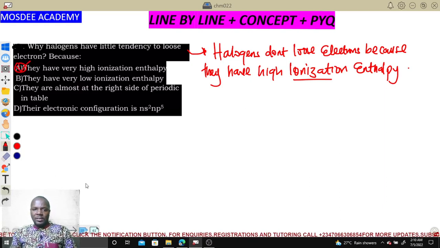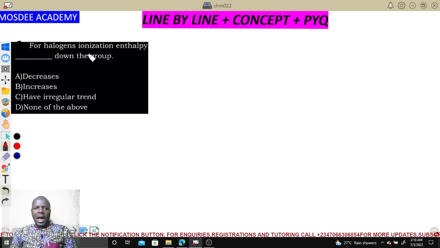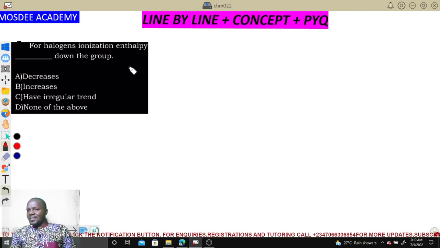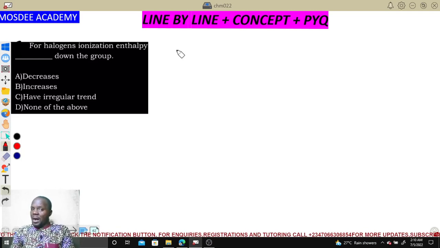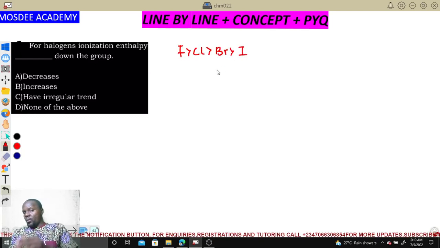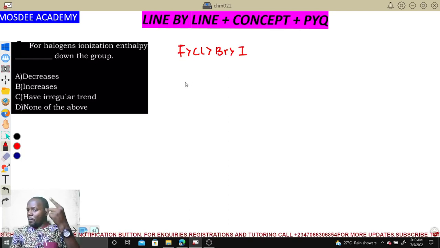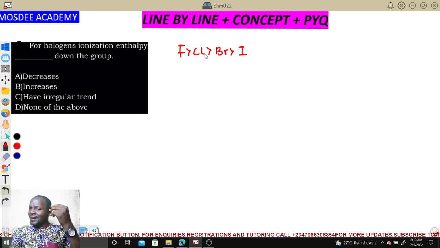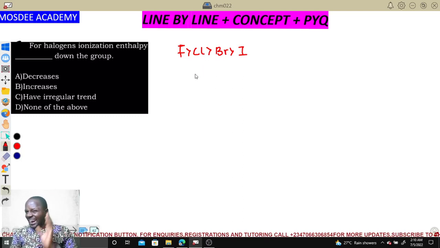The next one is: for halogens, ionization energy dash down the group, just the way we've talked. Fluorine is greater than chlorine, chlorine is greater than bromine, bromine is greater than iodine, just the way we talked about the other time. So the same formula still holds for ionization enthalpy, for atomic radius, for ionic radius, for their covalent character.